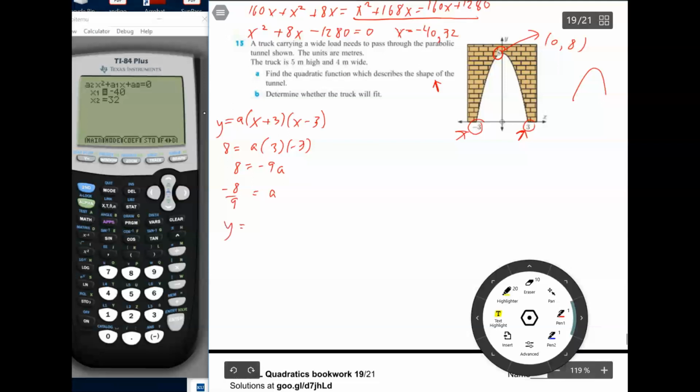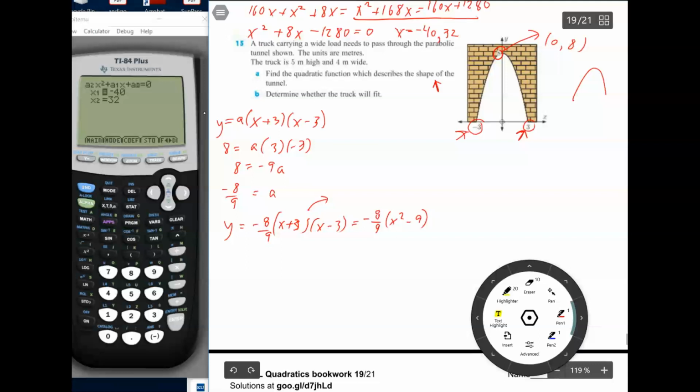Does that help us? So it's basically this, and what if we expanded it? Does that help us at all? -8/9 times x squared minus 9. How many of you have been preparing for SAT can recognize that as a difference of squares?